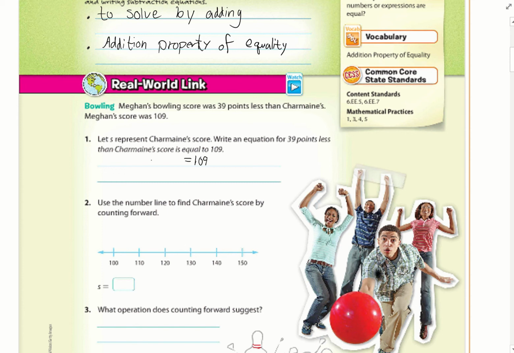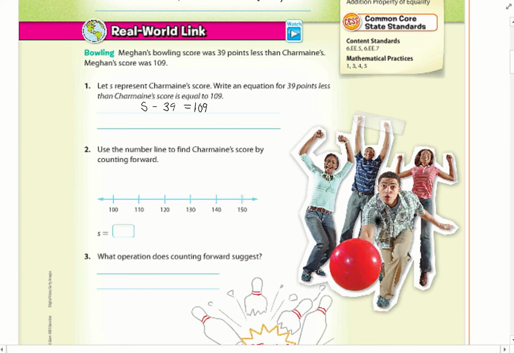So Megan's score is 39 points less, so we have S minus 39 is equal to 109. And that will give us Charmaine's score.